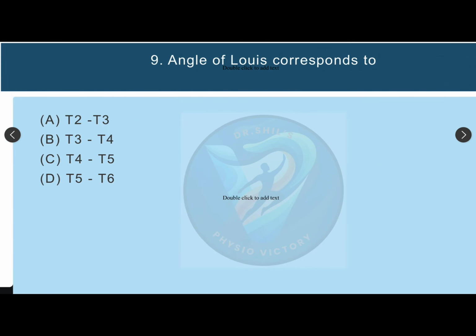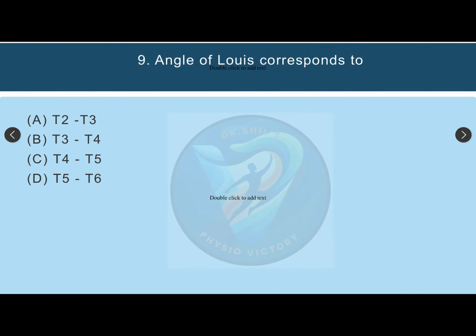Next question, question number 9. Angle of Lewis corresponds to option A, T2 T3, option B, T3 T4, option C, T4 T5, and option D, T5 T6. This is a very important question asked in many exams. So the answer is option C, T4 T5.